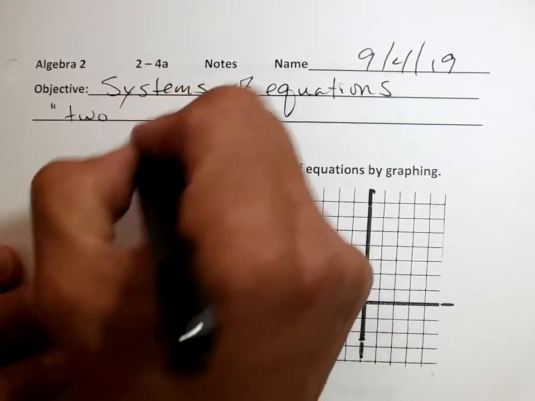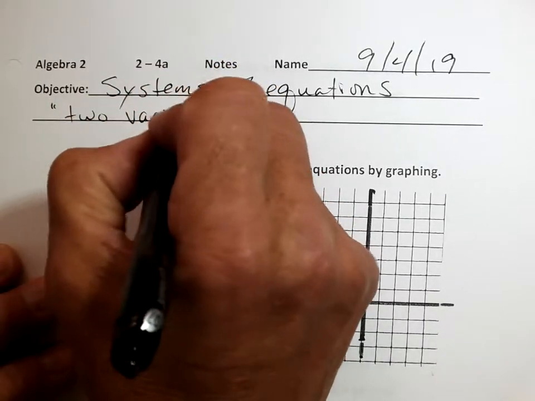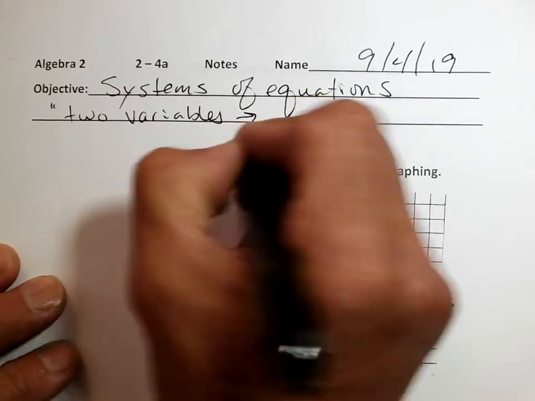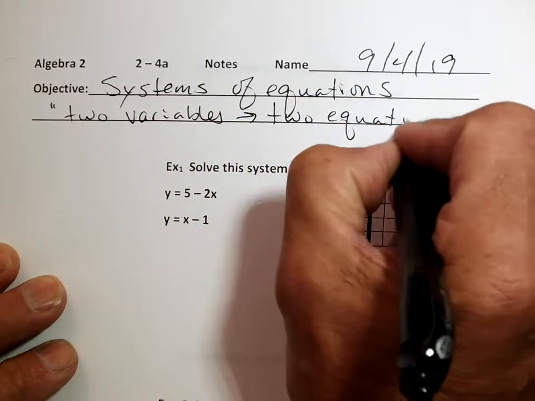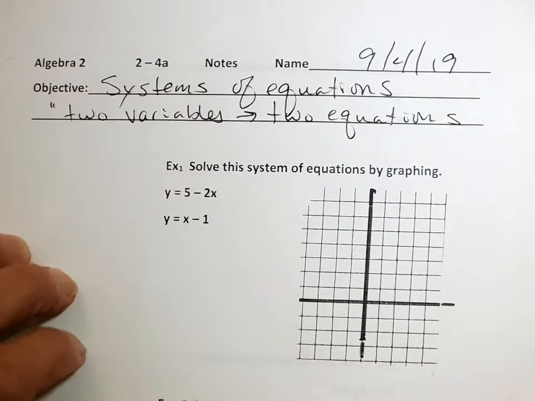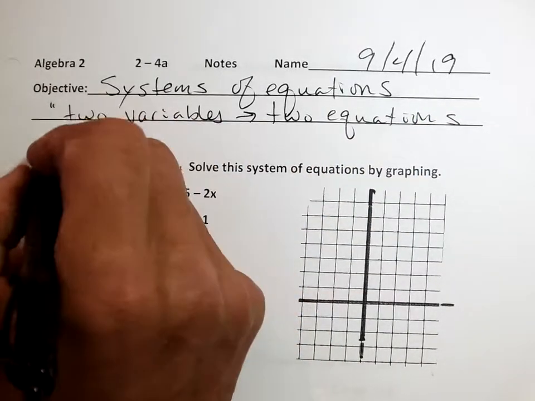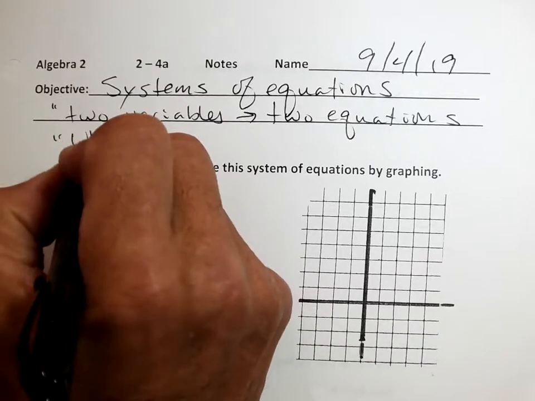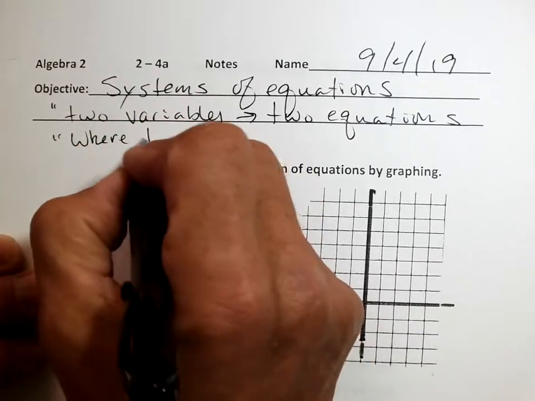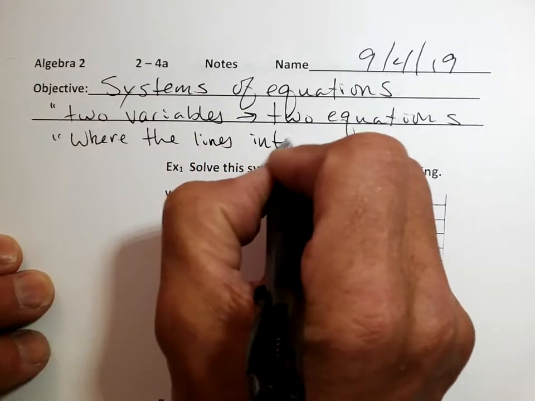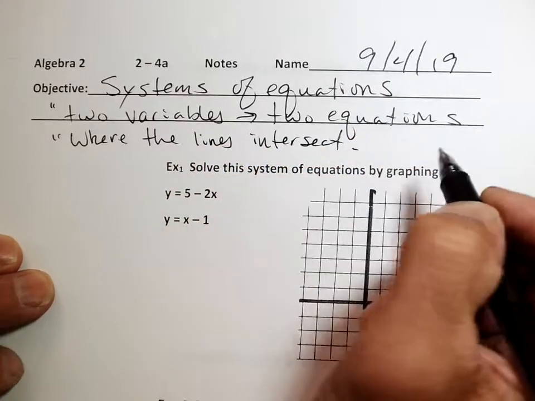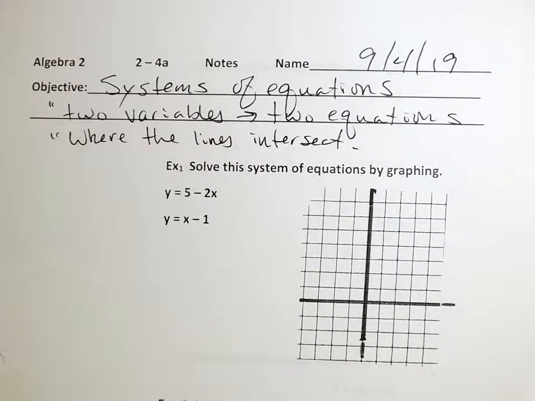What we're going to do is find out where they intersect, where the lines intersect. So the title is Systems of Equations, which means basically two equations to find out where they intersect.